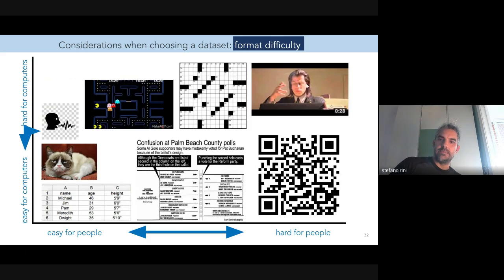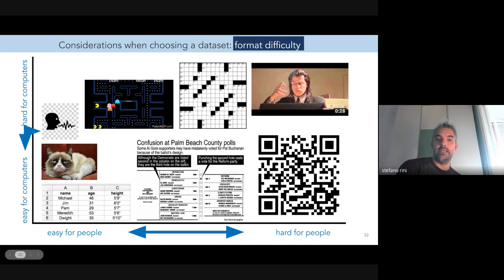So this plot is really nice because it really tells a story, which is really the story of the past years of machine learning, right? So you can imagine a plot where we have two axes. On the x-axis, we have how easy it is for people to work with, and on the y-axis, how easy it is for computers to work with. So the best data that you have will be, for example, a table.